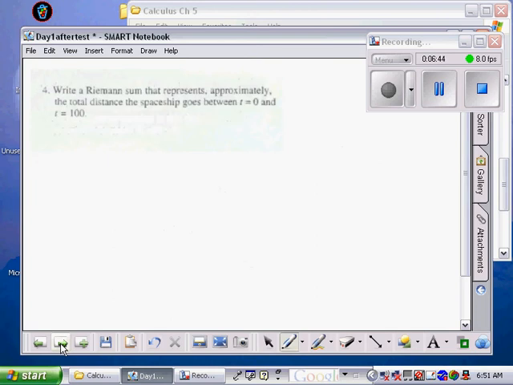Okay, the next part asks you to do a Riemann sum. Now, they want us to go from 0 to 100. And it doesn't tell us left, right, or middle. So we're going to do kind of a general equation here. Remember the summation that we did for the integral?